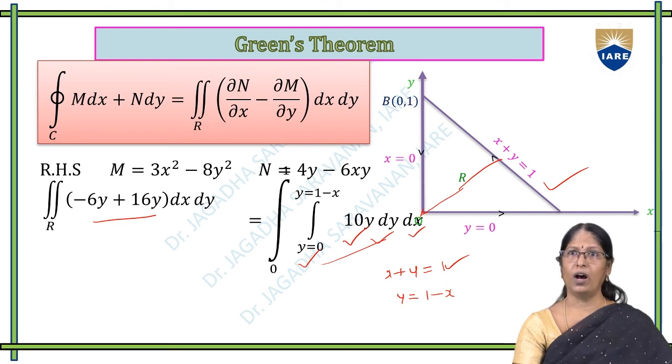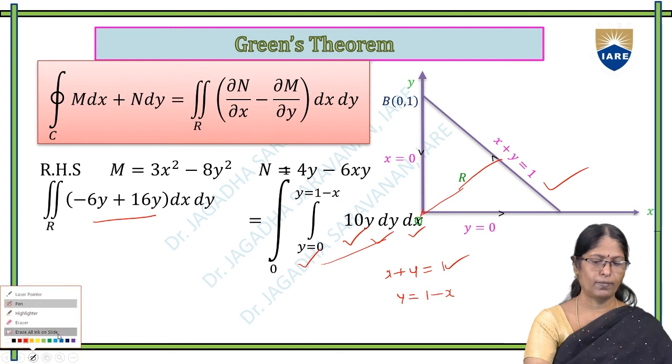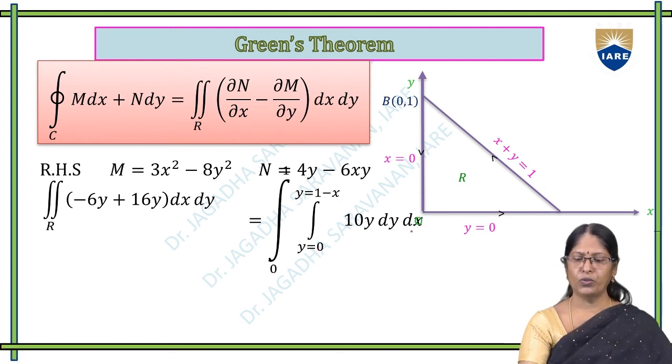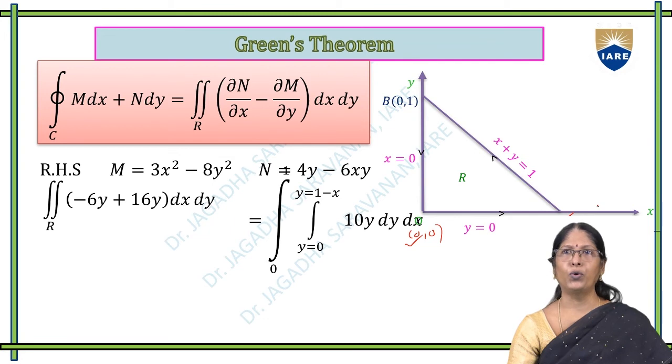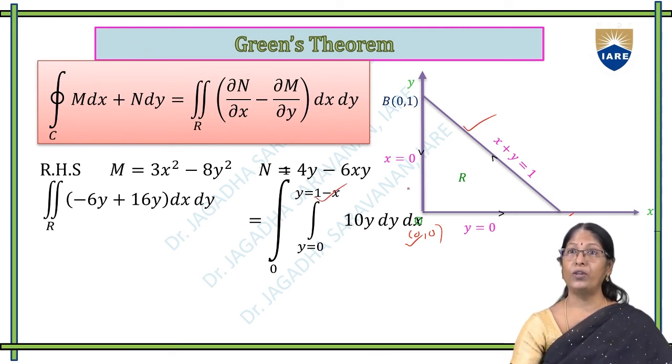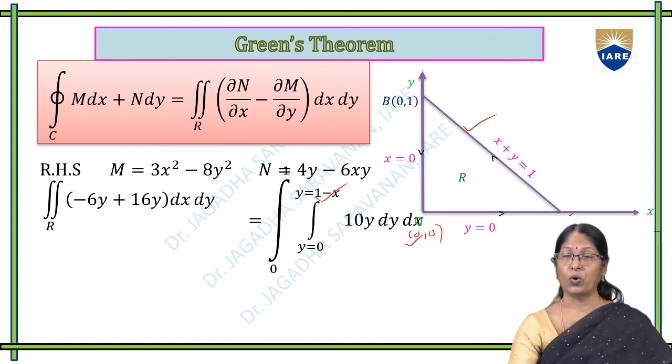The outermost one is now in the xy plane. Already y we completed. The leftover is x. Here 0, 0, here 1, 0. So x from 0 to 1. Different bounded region, different geometrical figures. The limit values also change as the bounded regions differ.